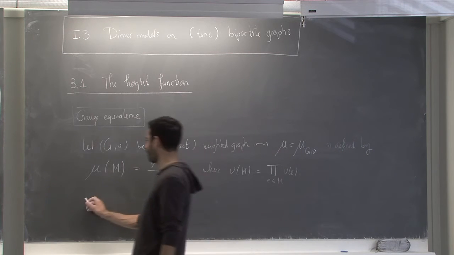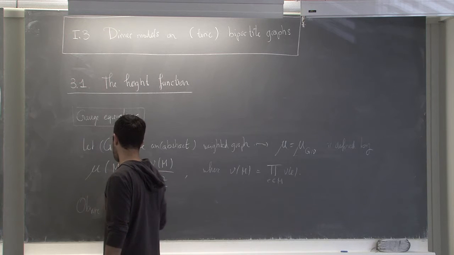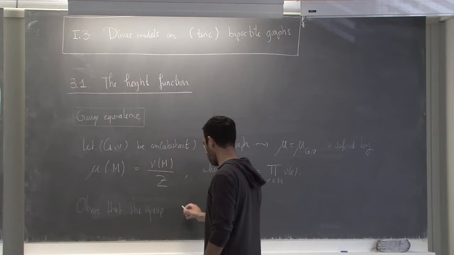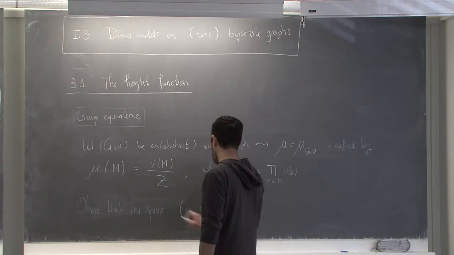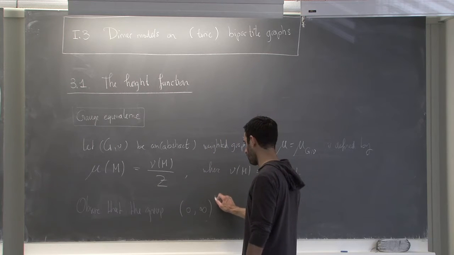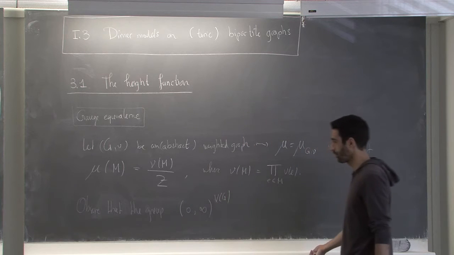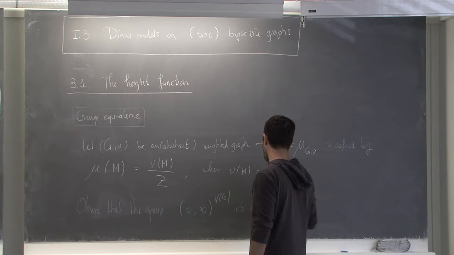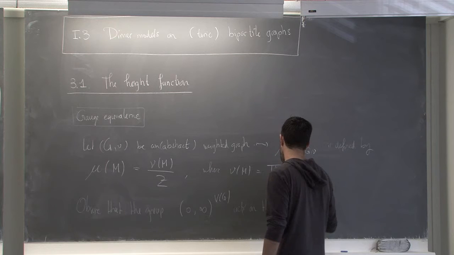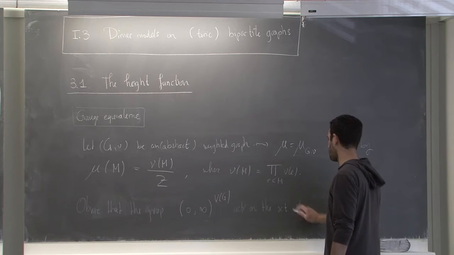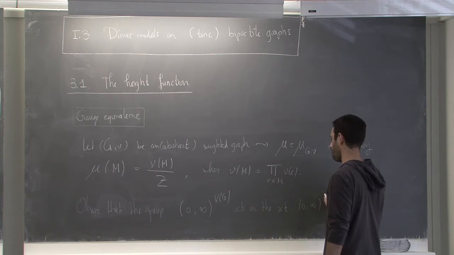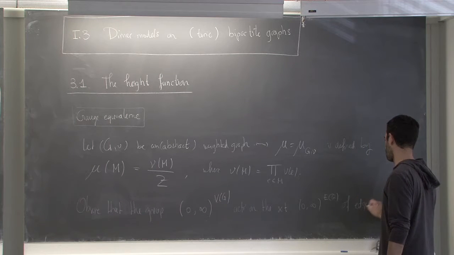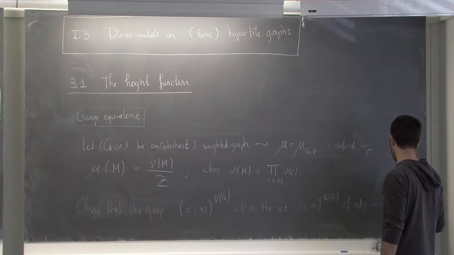And now observe the following. Observe that the group of positive real-valued functions on the vertices of the graph acts on the set of edge weights on the graph, as follows.